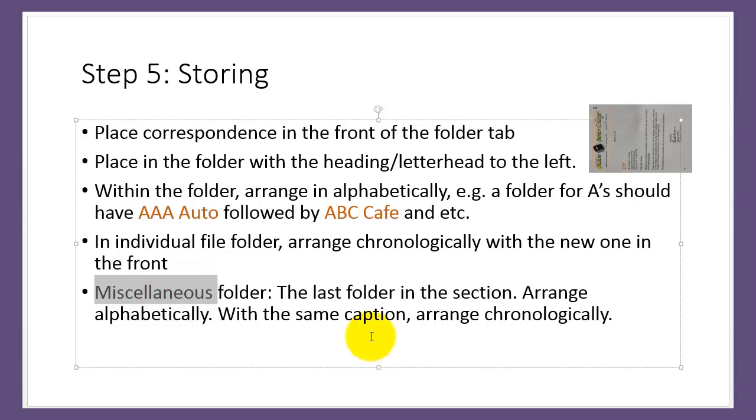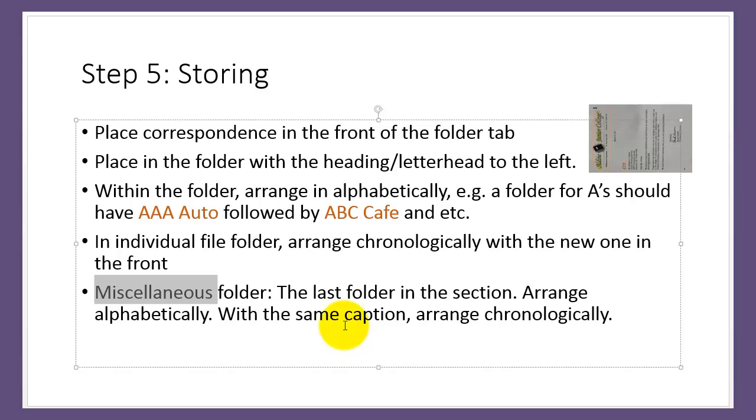And if you have some correspondence that you don't get that often, so every once in a while you get some oddball correspondence, then you don't necessarily want to create a separate folder, because if you do, then you have a bunch of folders that have one, maybe two items in the folder, so that'll take too much space. So for those oddball, infrequent correspondence, you would put it in a folder called miscellaneous.